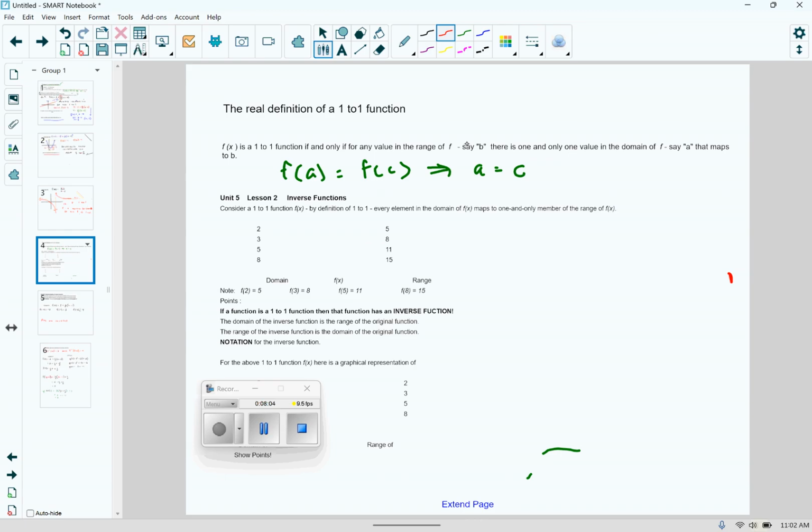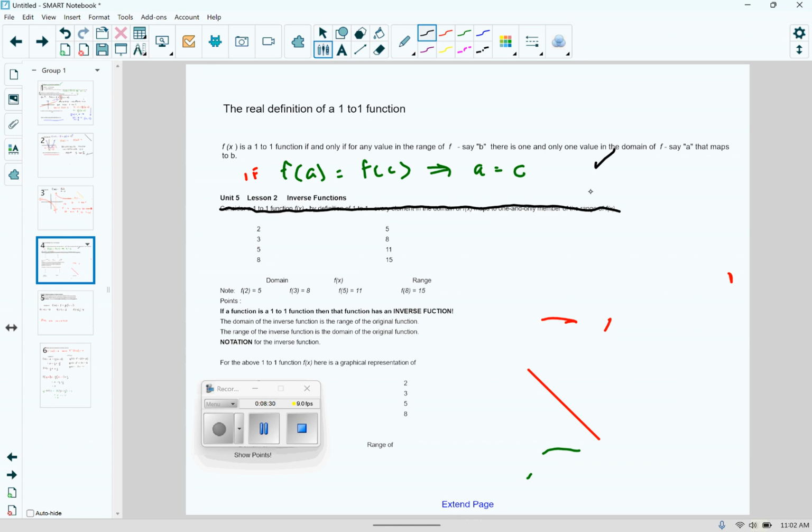That means if f of a equals f of c, then a equals c. This definition right here is a typo in my notes. So we're going to cross that out, because that's wrong. This is the definition of 1-to-1. The one I crossed out was the definition of a function.